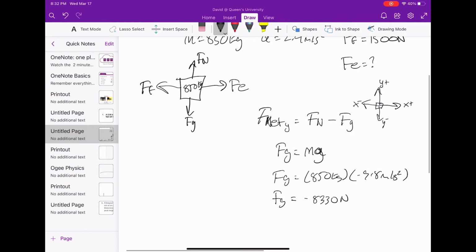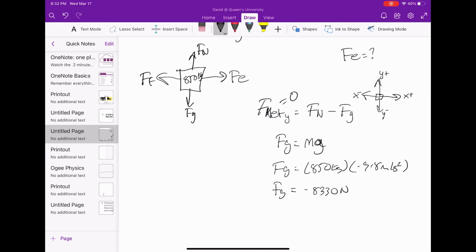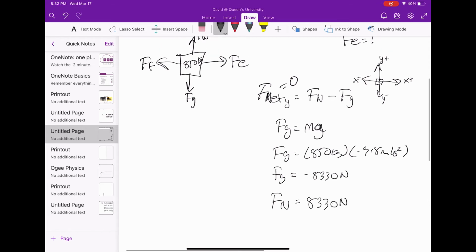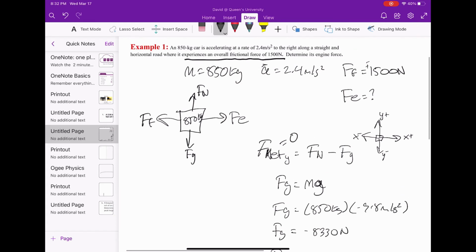And since we know that our F net Y is equal to 0, since the car is not moving up or down, it's moving left and right, that means our Fn has to be equal and opposite to the gravity. Cool. So that doesn't really help us with the question. That was just more for knowledge and understanding.